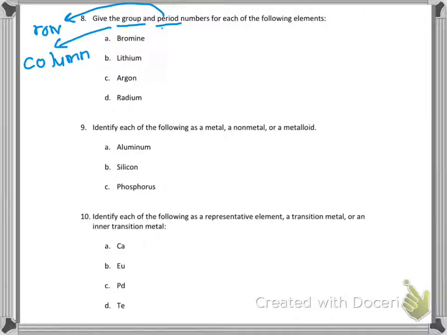So what we're going to have to do is find these elements on the periodic table and write down what row they're in and what column. Now I am going to write the group first and then the row second. Period.